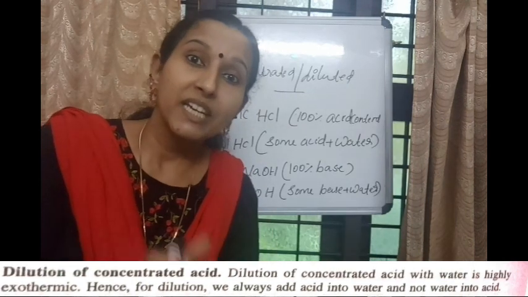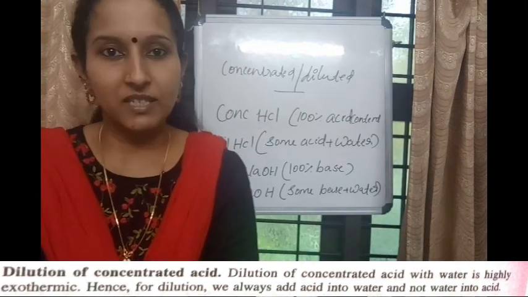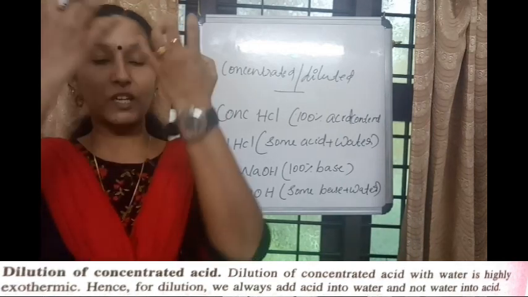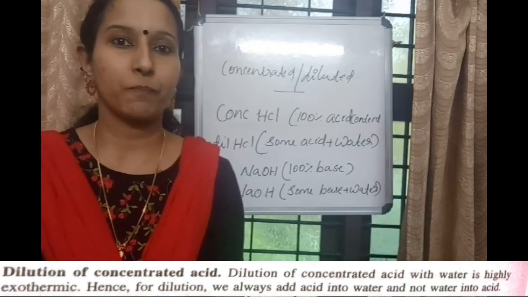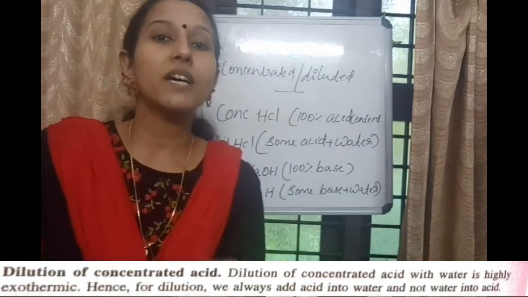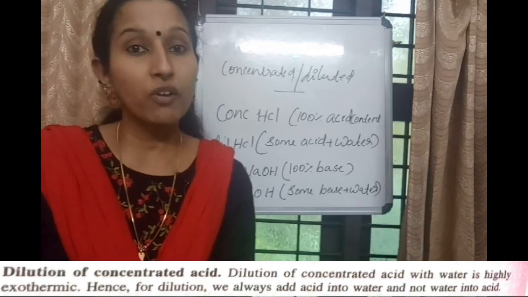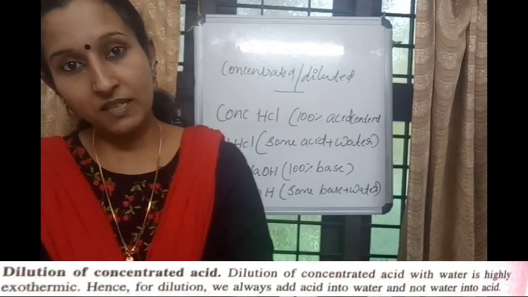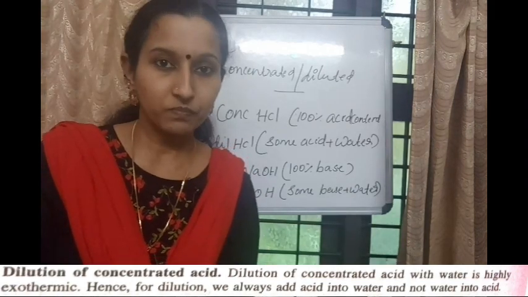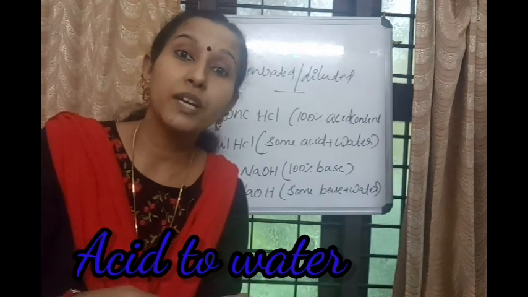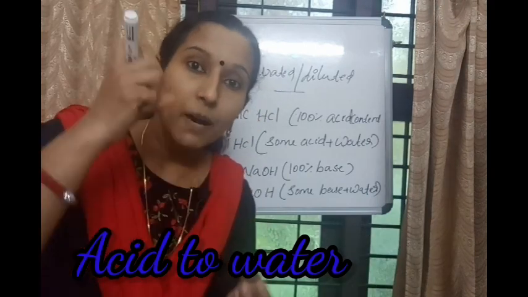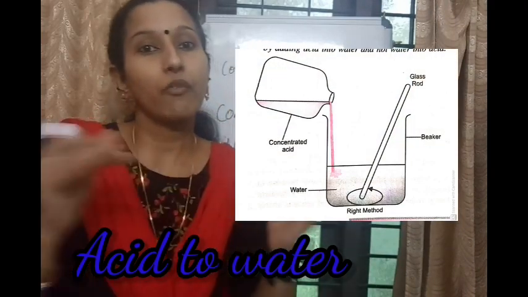Instead, if you add water into acid, what happens? The hotness of the acid comes out, it splashes out or it makes an explosion. If you add acid into water, the coolness of the water absorbs the hotness of the acid, and we can avoid the problem.